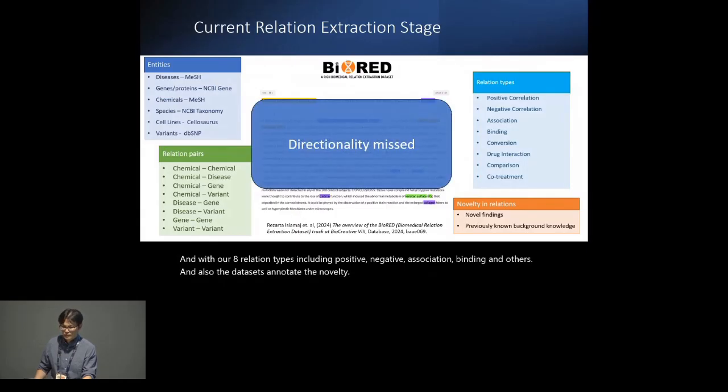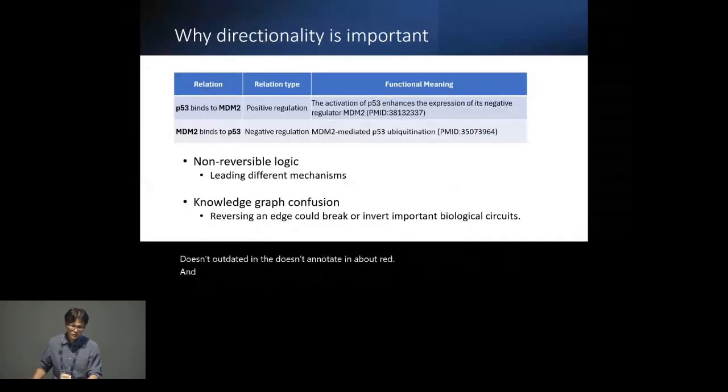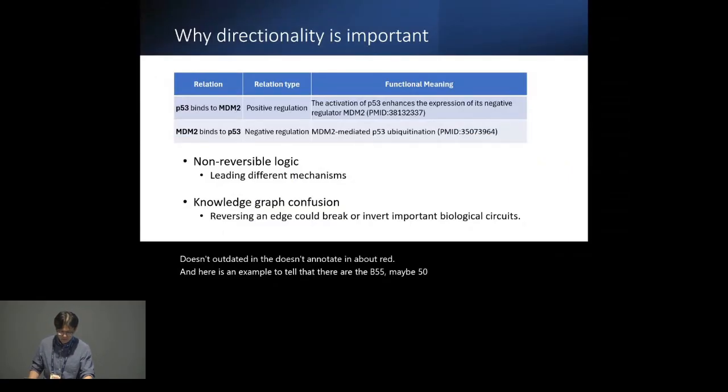However, we observe that the directionality of the relation isn't annotated in BioRED. Here is an example: B55, P53, and MDM2, two genes or proteins.